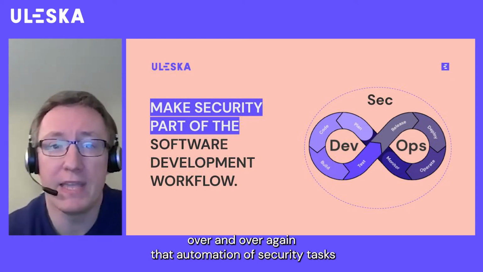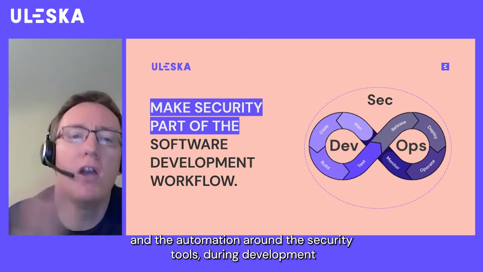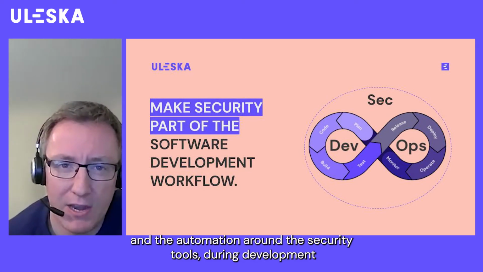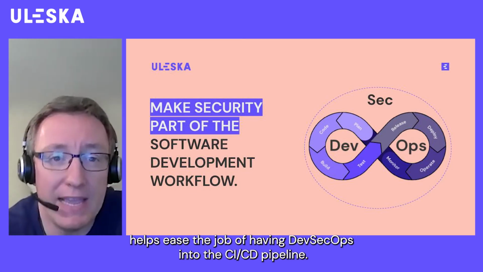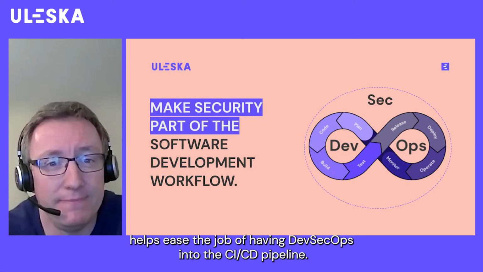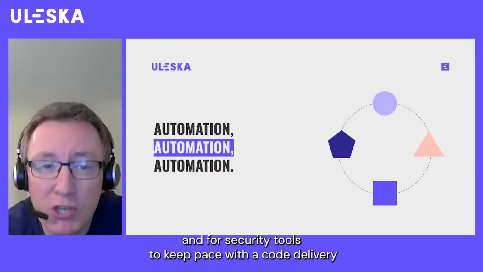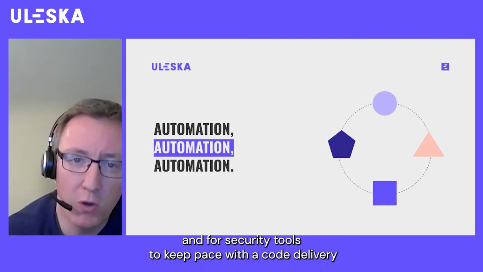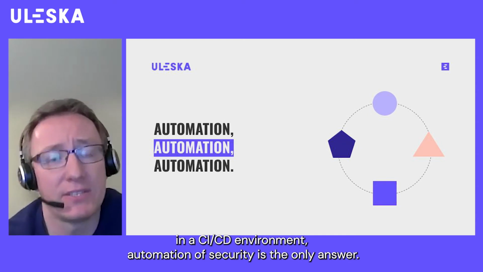We've seen over and over again that automation of security tasks and the automation around the security tools during development helps ease the job of having DevSecOps in the CI/CD pipeline. So go for automation, automation, automation. For security tools to keep pace with the code delivery in a CI/CD environment, automation of security is the only answer.